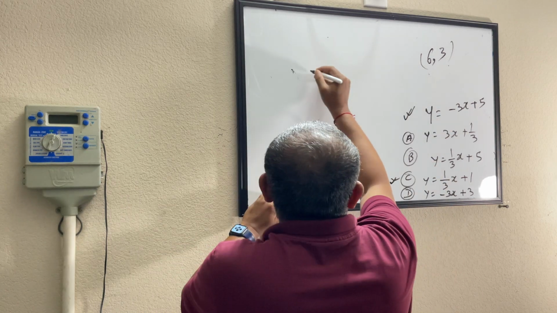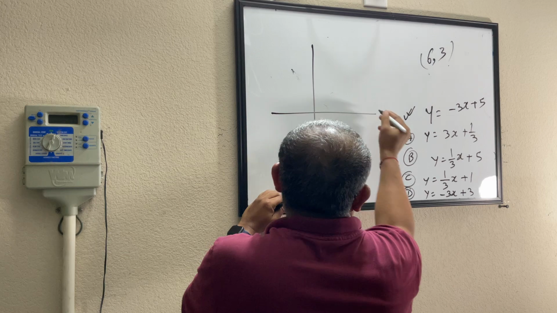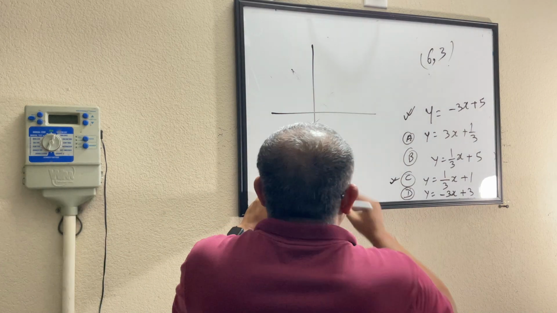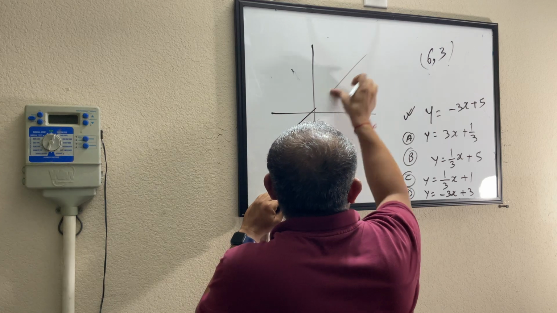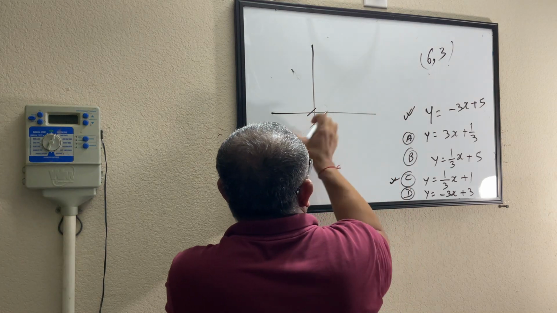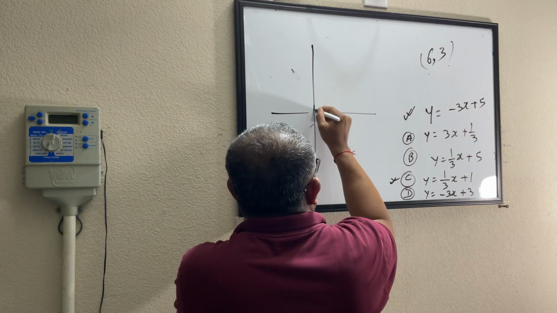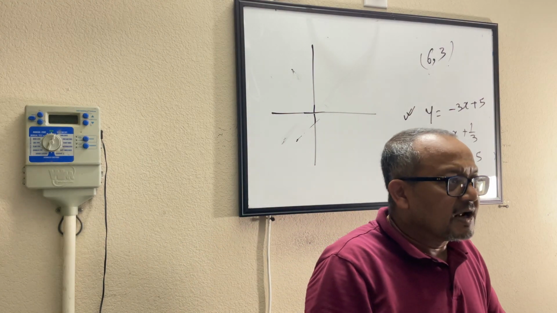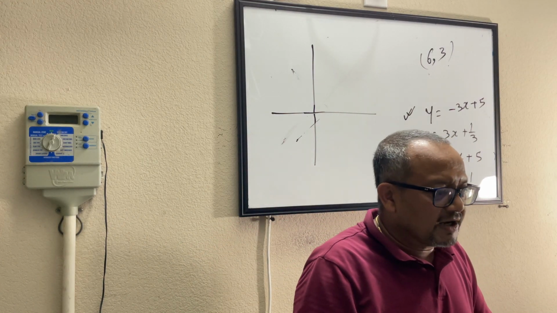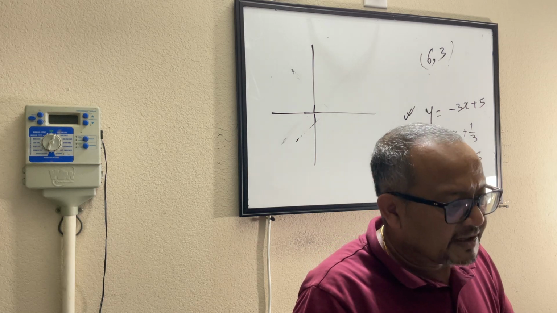Now let's look at this. I will give you guys a very simple example. Does anybody in the class apart from Praneet remember how you relate the slope of a line and the perpendicular line?